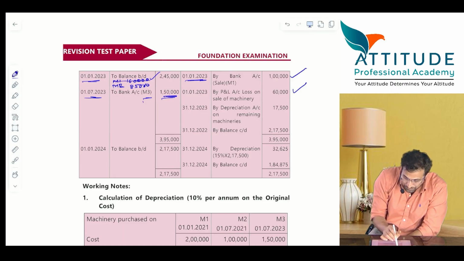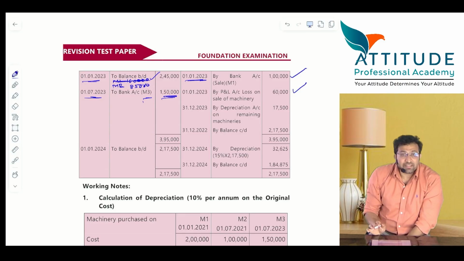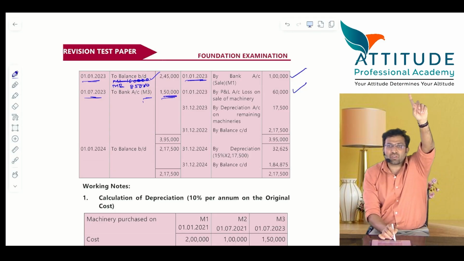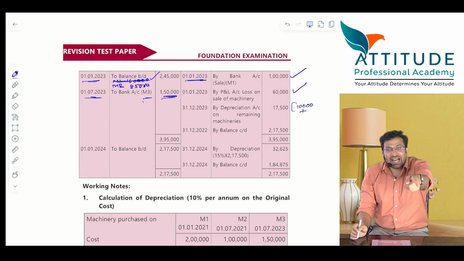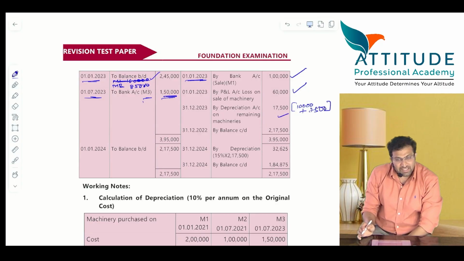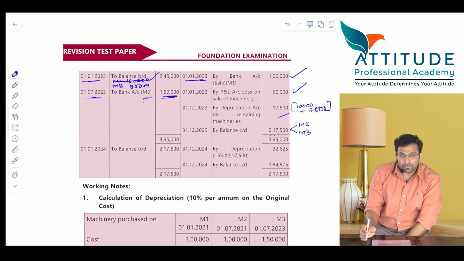अभी बचा कि कौन सा? मशीनरी 1 गया, मशीनरी 2 और मशीनरी 3, उसका डेप्रिसिएशन. मशीनरी 2 का ओरिजिनल कॉस्ट 1 लाख है, तो उसका 10,000 आएगा, प्लस नया मशीनरी का 1,50,000 एट द रेट ऑफ 10% फॉर 6 months. 1,50,000 into 10% is 15,000. 15,000 का आधा 7,500 प्लस 10,000 विल गिव यू 17,500. नाउ बचा कितना? 2,17,500. अभी इसका बाइफर्केशन M2 कितना है और M3 कितना है? बोलो.